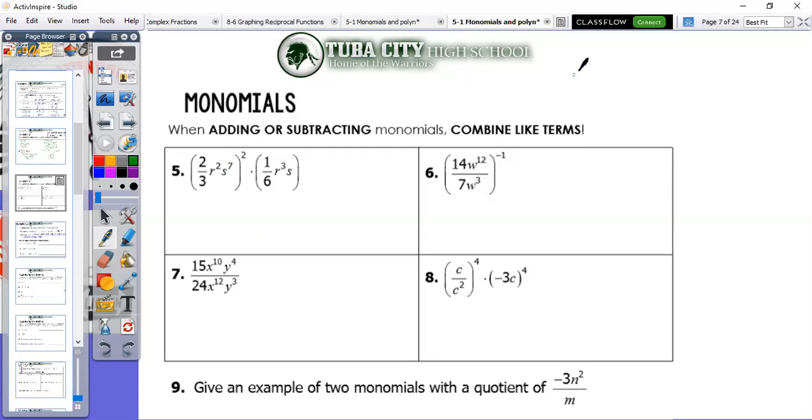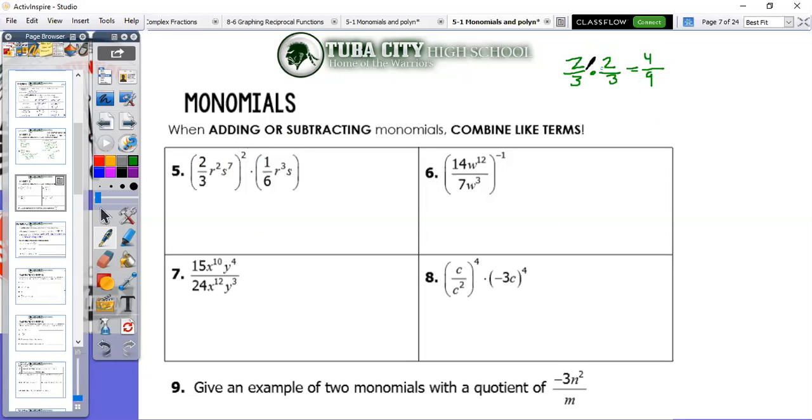So square 2/3. If I have 2/3, don't forget what this means. It means 2/3 times 2/3, because anytime you have an exponent, it means that number times itself. So 2 times 2 is 4, and 3 times 3 is 9.